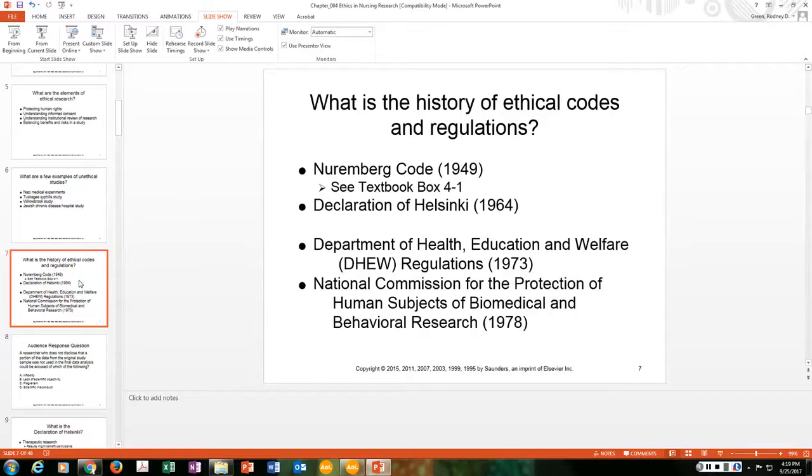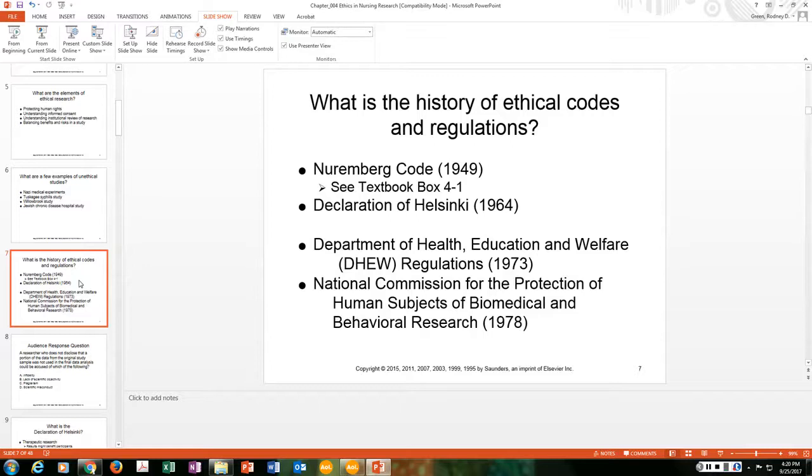The Department of Health, Education, and Welfare Regulations of 1973, they developed and proposed federal regulations for the protection of human subjects, informed consent, and IRB process. In these regulations, there was great discussion of informed consent and the institutional review board process.